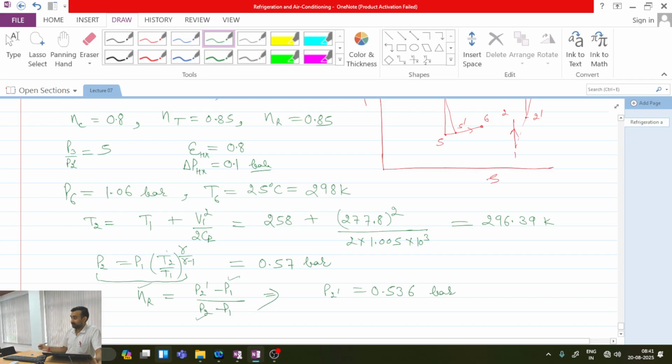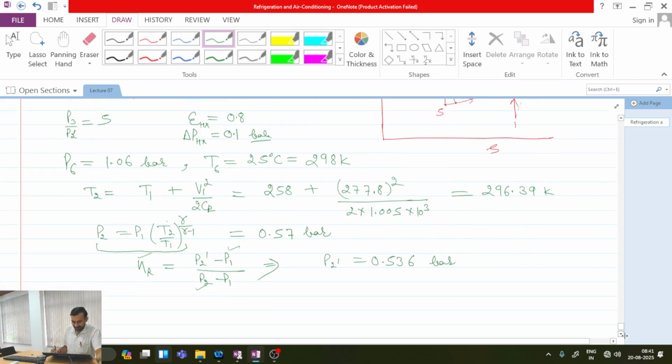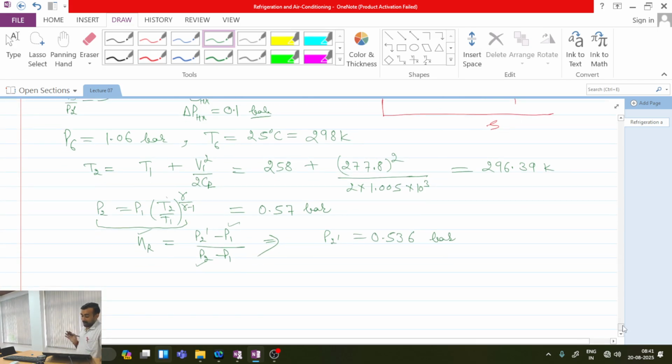Okay. Now what else? After this, what do I have? I know now P2 dash, which is the pressure at the inlet of the compressor. Okay. The exit of the compressor is point 3 and the pressure ratio is given as 5.